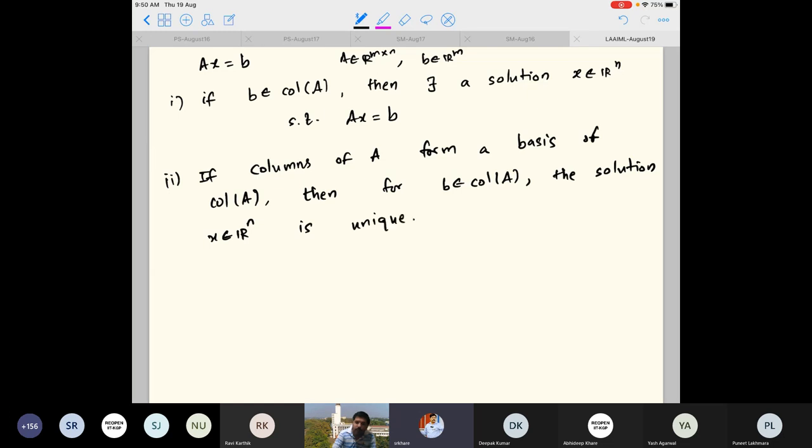Okay, so here I am using the word "the" to show the uniqueness, and here I am using the article "a" to show only the existence. We don't know about the uniqueness, right?